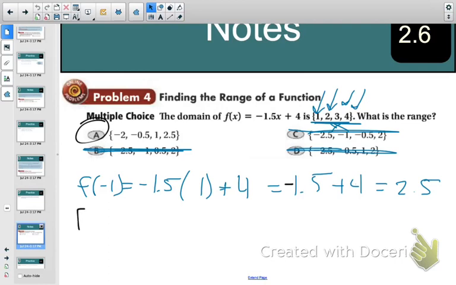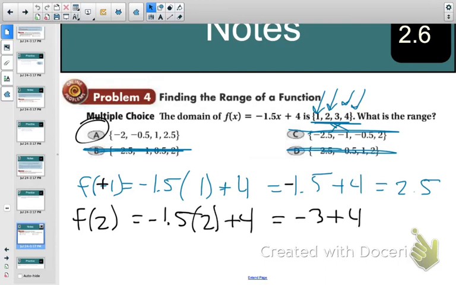But if you want to plug in the next one, f of 2, that should be positive 1 now. F of 2 is going to be negative 1.5 times 2 plus 4. So that's going to be negative 3 plus 4, which is positive 1. And there's that positive 1 there. There's the 2.5.